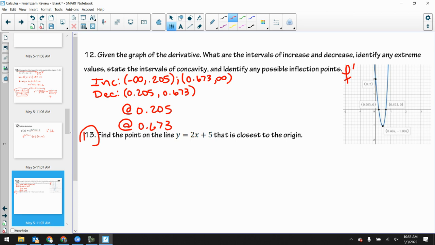Is that a maximum or minimum value? It's going from increasing to decreasing, so it's a maximum, right? Now, 0.673, that must be a minimum value because it's going from decreasing to increasing. It's going from down to up. So that is a minimum value. Maximum at 0.205, minimum value at 0.673.